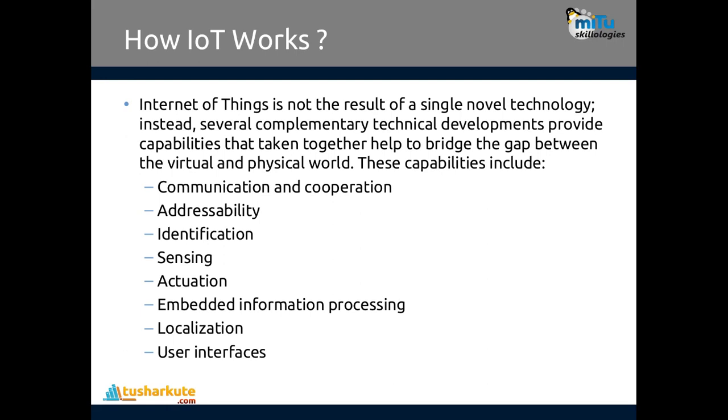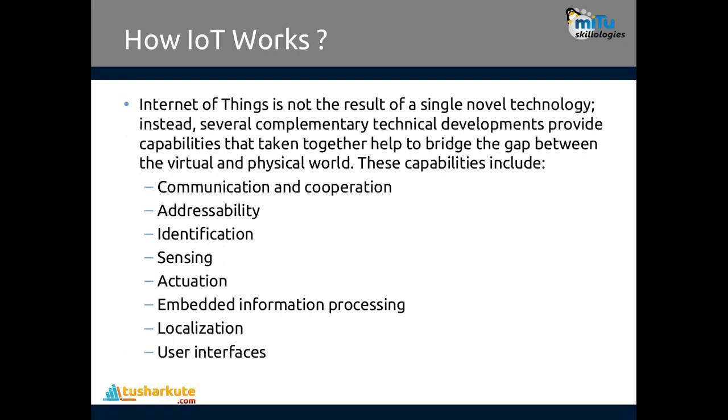The sensor will sense the temperature, report to the actuator, and then the actuator will take the action by performing this operation, like starting the AC. That's what we call actuation.